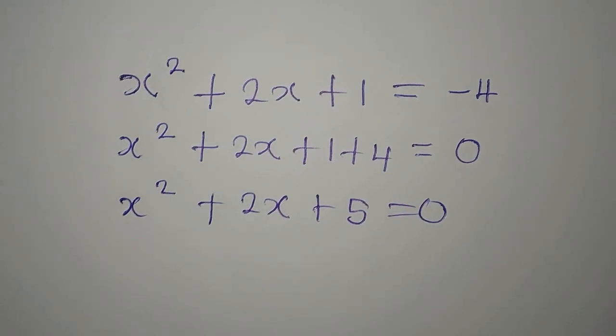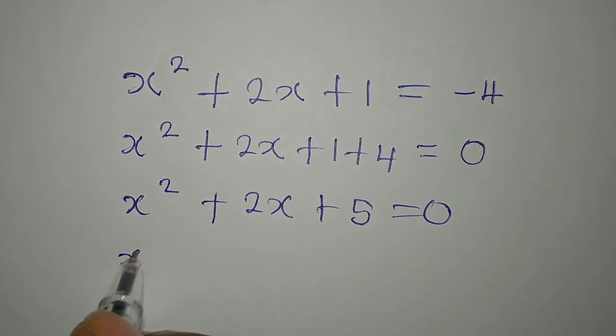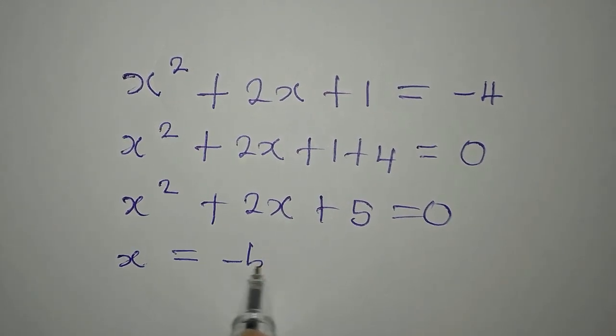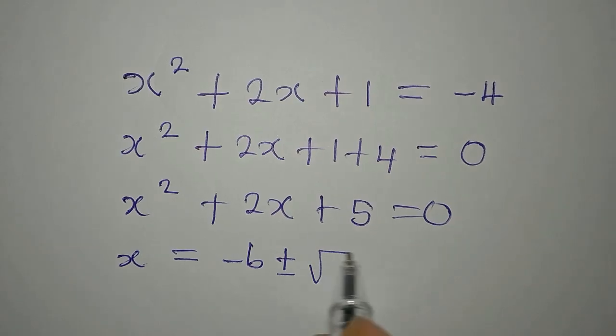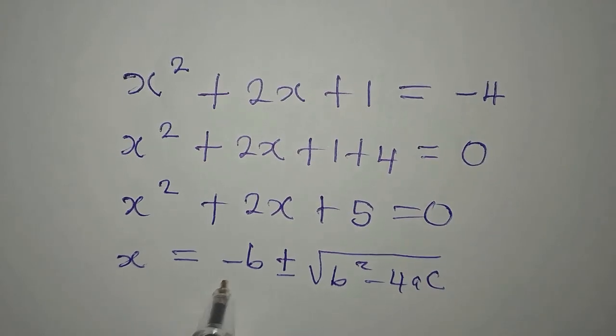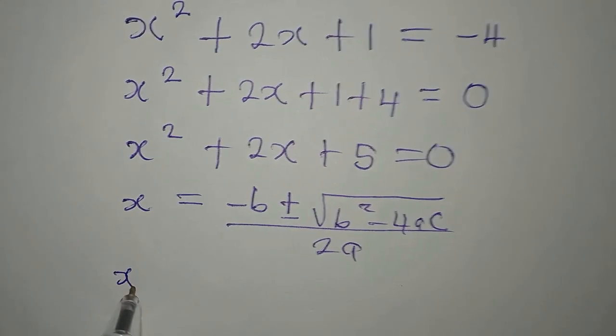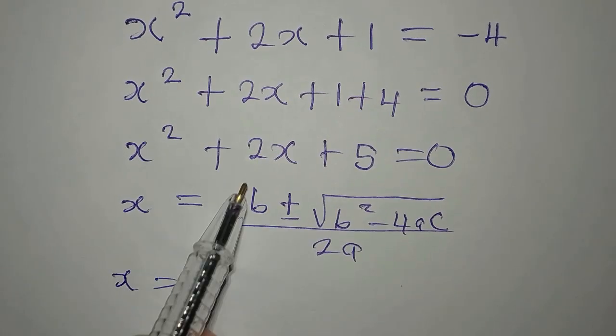And for this, I would like us to use the formula method. So our x is minus b plus or minus the square root of b^2 - 4ac, all over 2a. So our x will be minus b, that will now be minus 2 because b is 2.